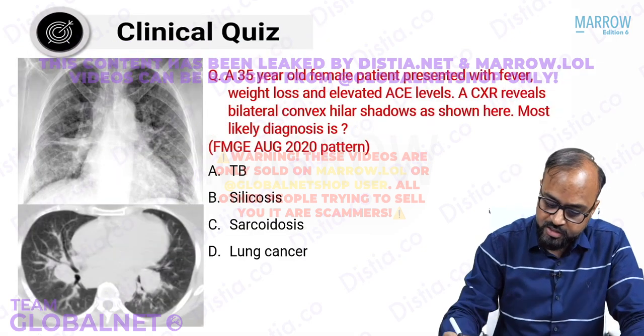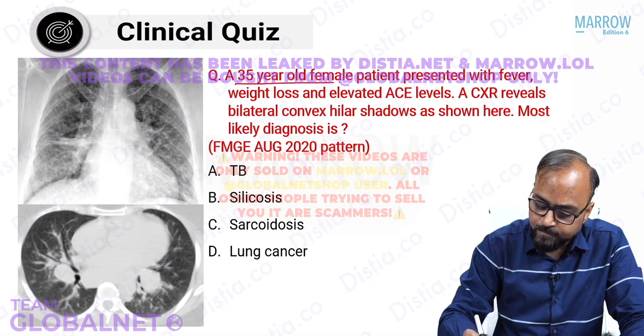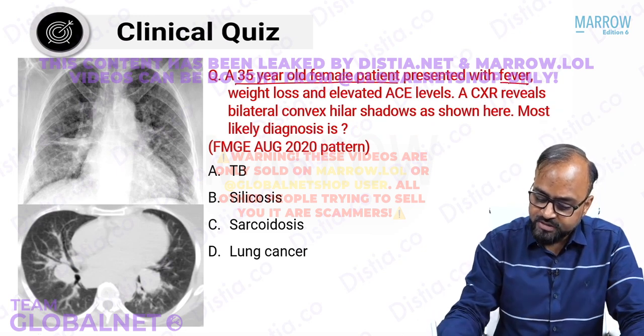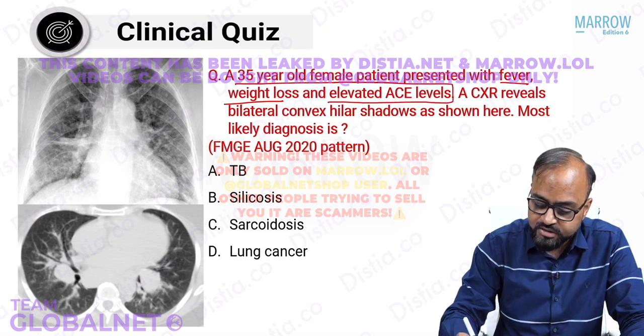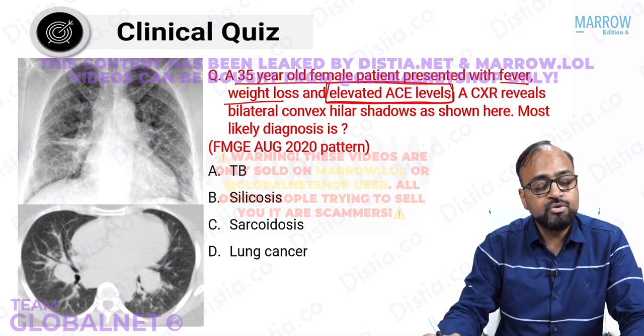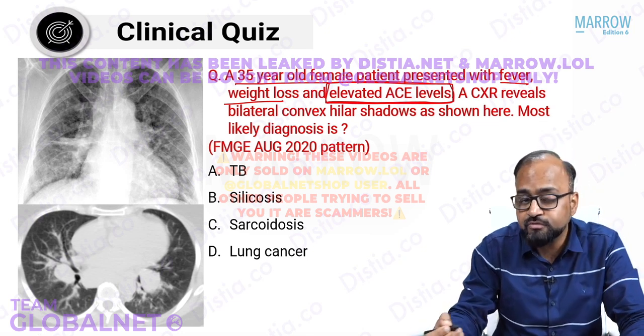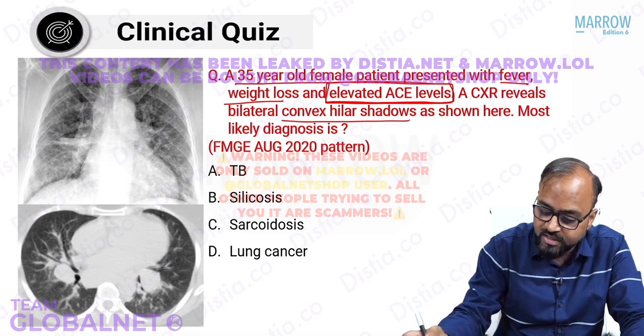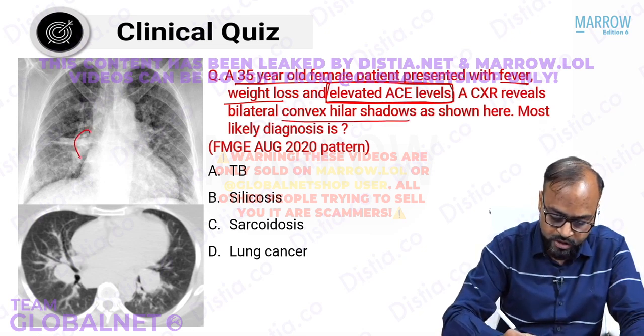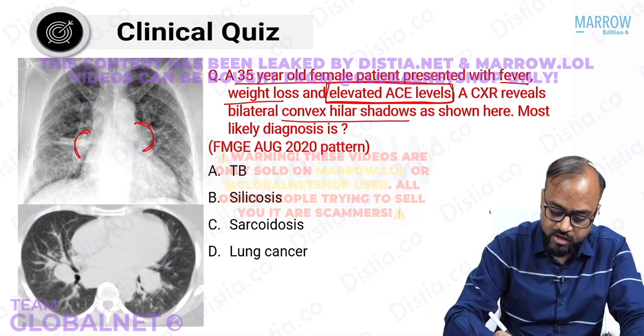See, a recently asked question. A middle-aged female presents with fever, weight loss, and elevated ACE, angiotensin converting enzyme, levels, right? So this is very specific. This is a clincher for one particular diagnosis. Chest x-ray reveals convex hilar shadows as shown here. So the hilar shadows on both sides are convex.